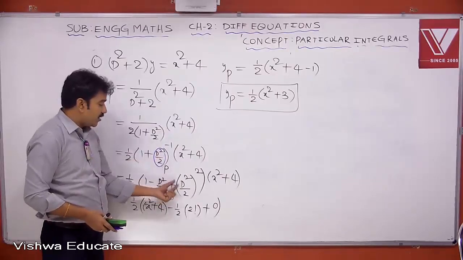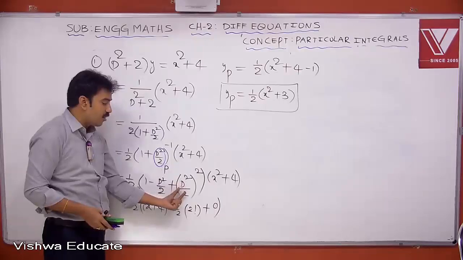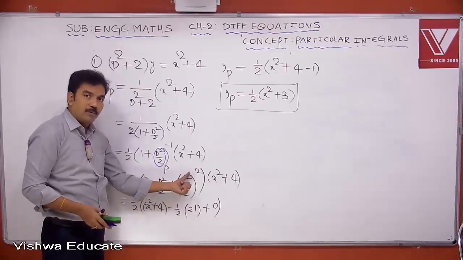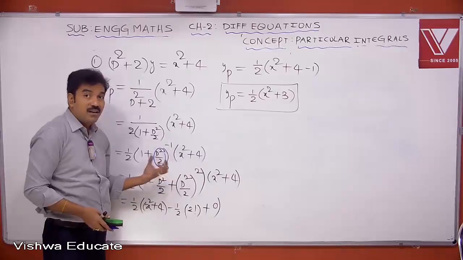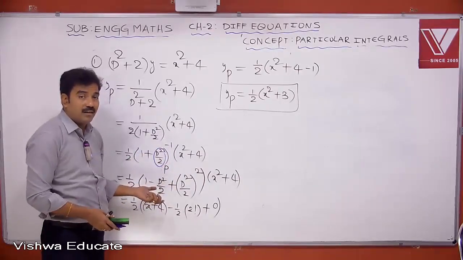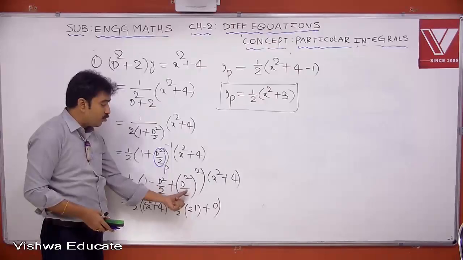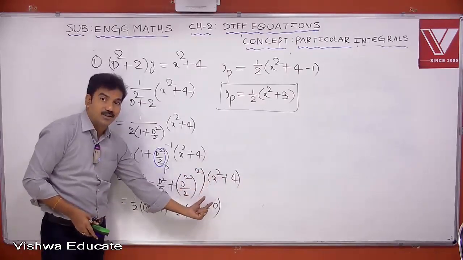Therefore in this case my D is D square by 2. Even if I write D as D square by 2 and go up to D power 4, it contributes nothing. That means it won't add any value to the particular integral. Therefore here (D square by 2) whole square, that is D power 4 of a second degree polynomial, is 0.